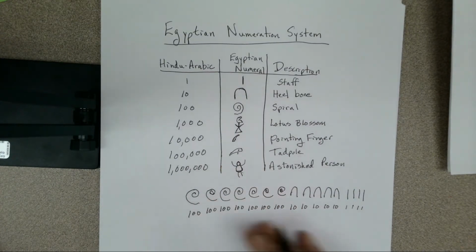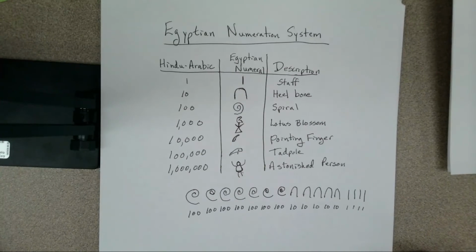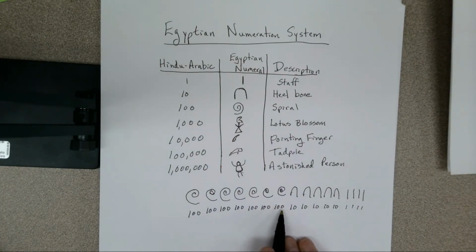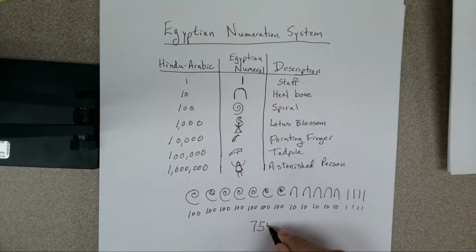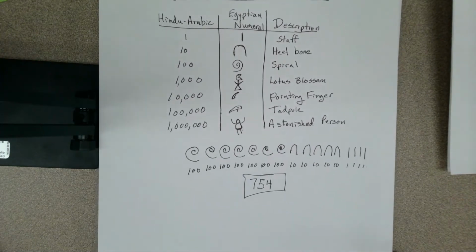Then you would just add those up. So you have 1, 2, 3, 4, 5, 6, 7 hundreds, 1, 2, 3, 4, 5 tens. So that's 750, and then 1, 2, 3, 4. 754. That's how you would convert that.